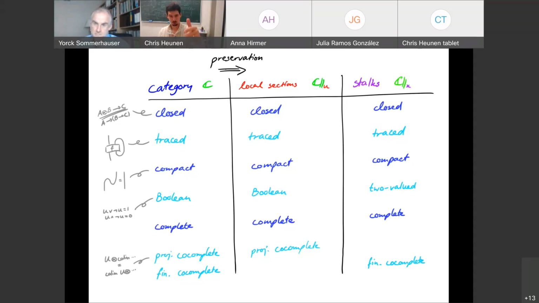So you have 1, 2, 3, 4, 5, 6 other representation theorems on this slide. For example, saying any small, stiff, closed monoidal category is equivalent to a category of global sections of a sheaf of closed local monoidal categories. So in that sense, this representation is very well behaved.